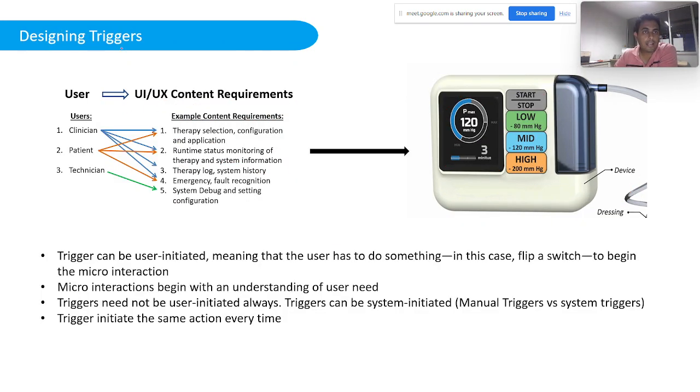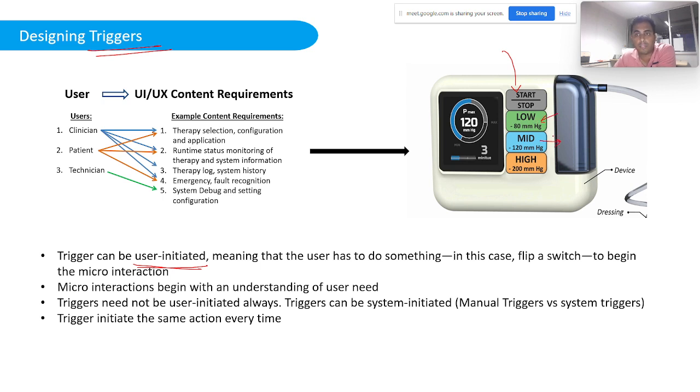First thing is designing of triggers. As I discussed before, triggers can be user initiated, and this provides the user a way to do something. These buttons allow the user to do something. For example, pressing will start. If you press this low button, it will probably decrease some pressure.